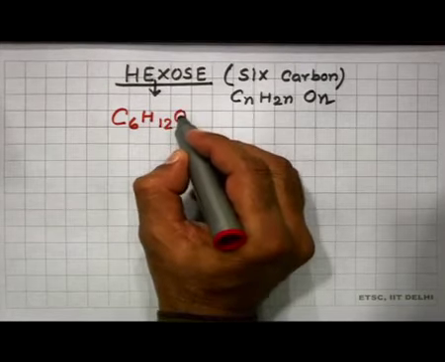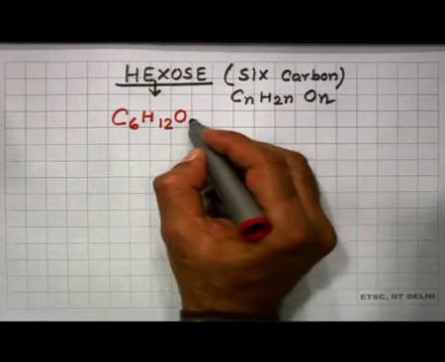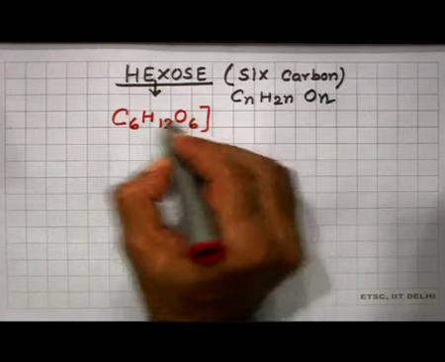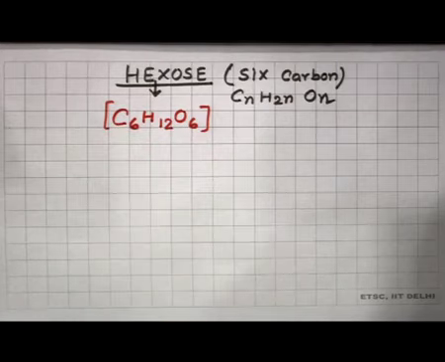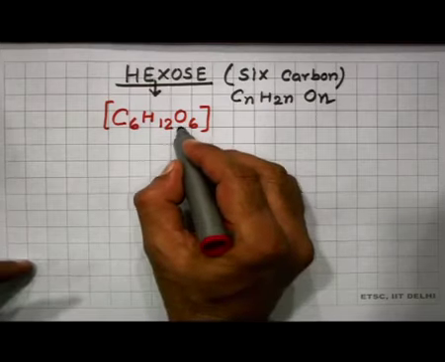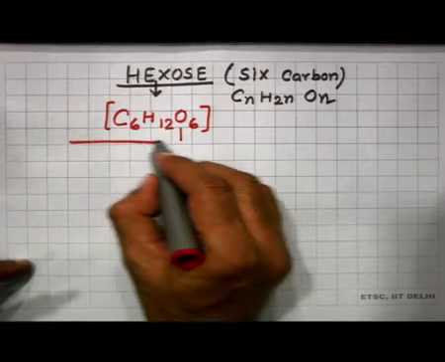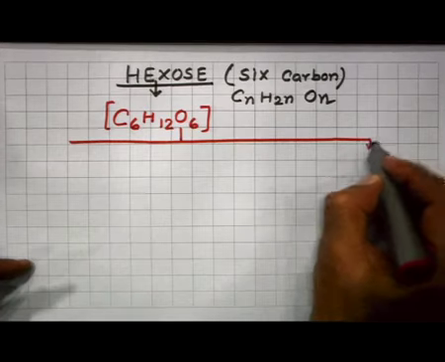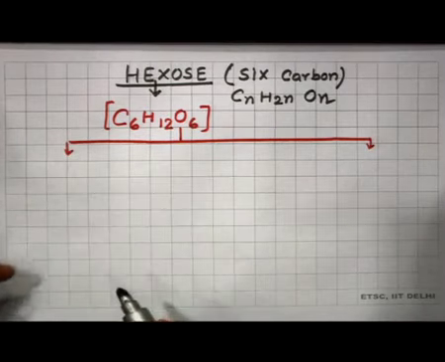Oxygen will be n, that is 6. So, the general formula of hexose is C6H12O6.